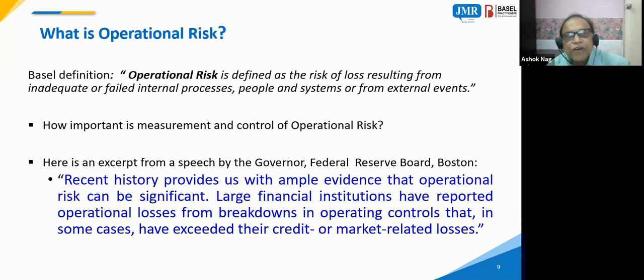In 1995, one of the oldest merchant banks in the UK and one of the most stable banks, Barings Bank, was actually bankrupted by one single person's rogue trading. That was Nick Leeson. In fact, he wrote a book, Rogue Trader, and made money out of that when he was convicted because of this.